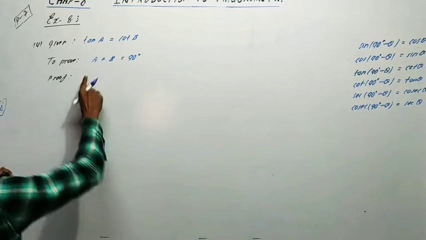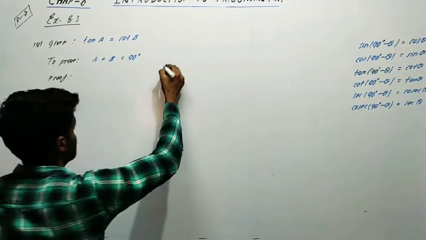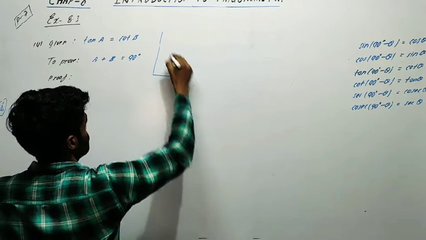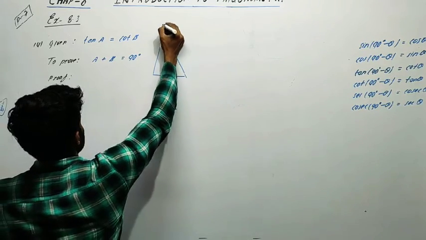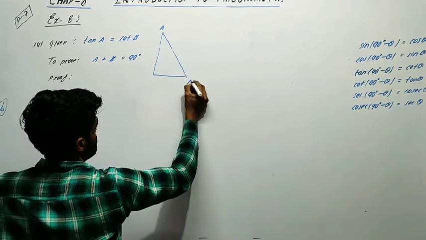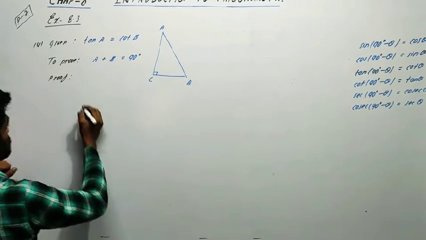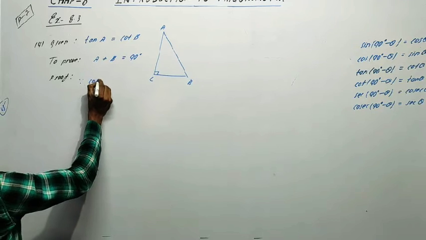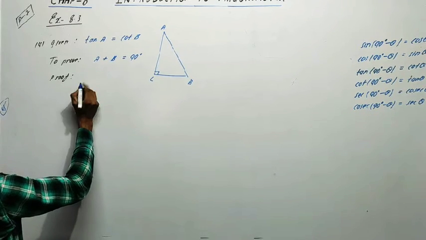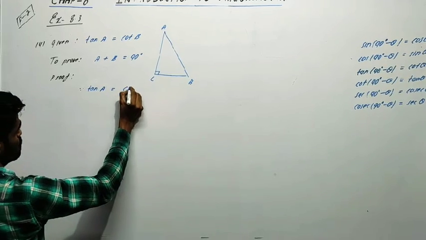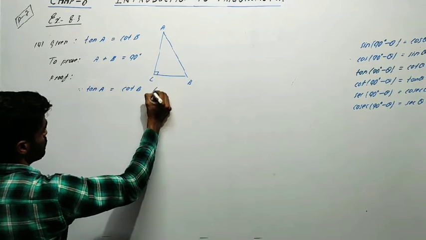Since we are discussing two different acute angles of a right angle triangle, so let's first draw the diagram. So here is a right angle triangle A, B, C, that is right angle at C. Since tan A is equals to cot B, that is given.